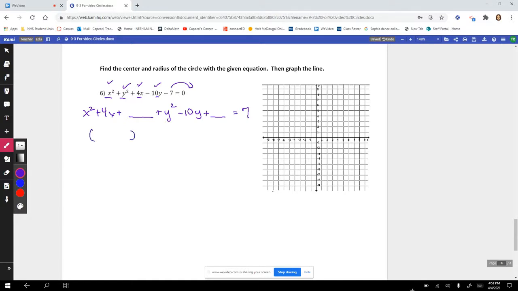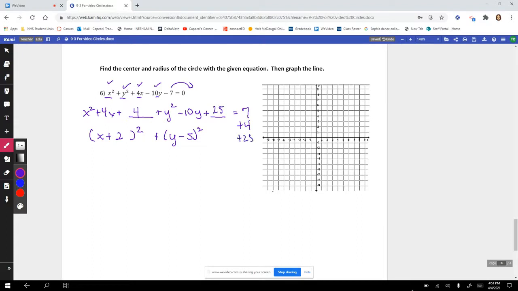All right, so we get x plus half of 4 is 2, and so that's going to be x plus 2 squared. 2 squared is 4. Add my 4 there. Whatever I do to one side of the equation, I'm going to have to add to the other side. Okay, now I'll do the same thing with y. Y minus 5, right? Half of -10 is -5. -5 squared is 25, so I'm going to be adding 25 here.